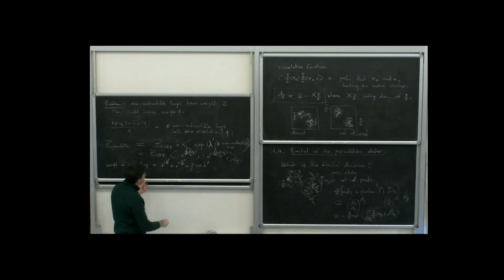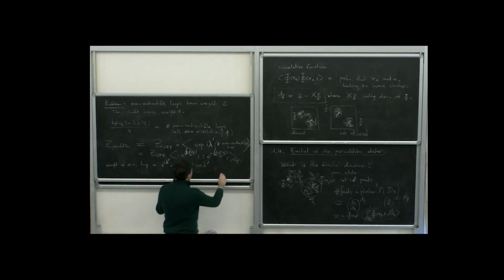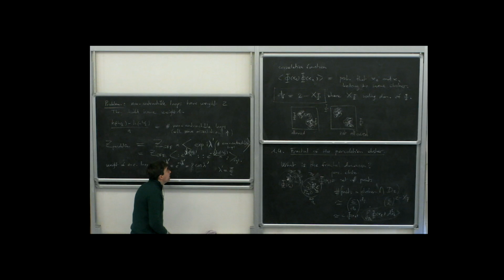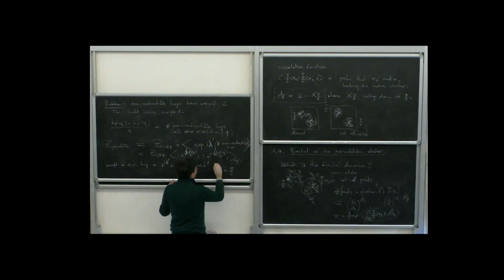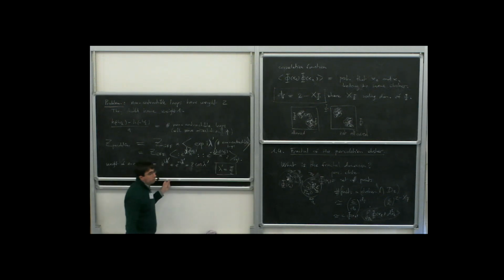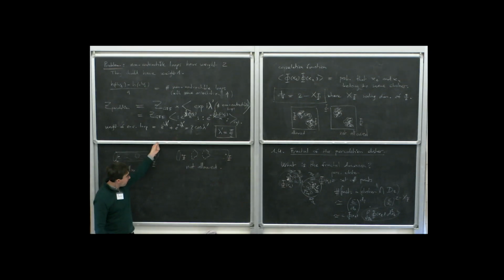And so if we choose lambda prime such that this is 0, in other words, lambda prime equals pi over 2, then we are killing all the configurations that do have non-contractible loops. Okay?